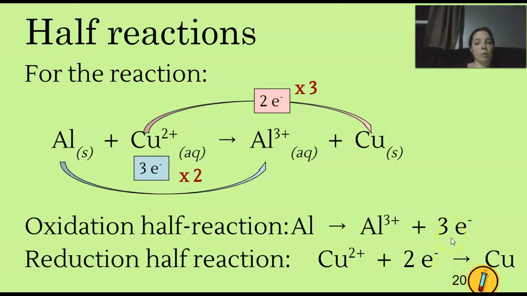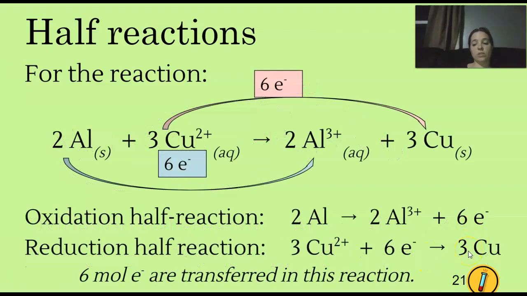Figure out the least common multiple. 3 and 2 is 6. So multiply that side by 2, multiply the other side by 3. I get 2 up top with 6e-, 3 on the bottom with 6e-. The 6e-, again, get rid of those.